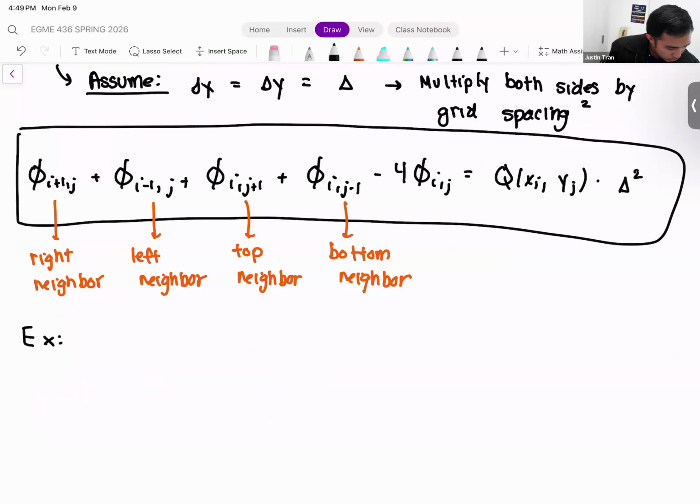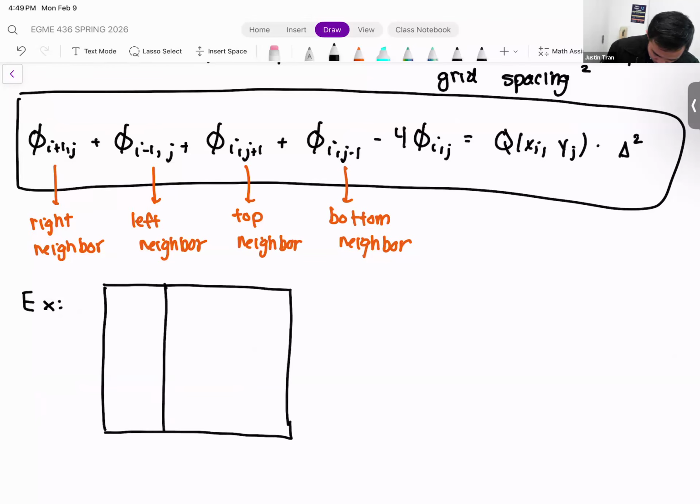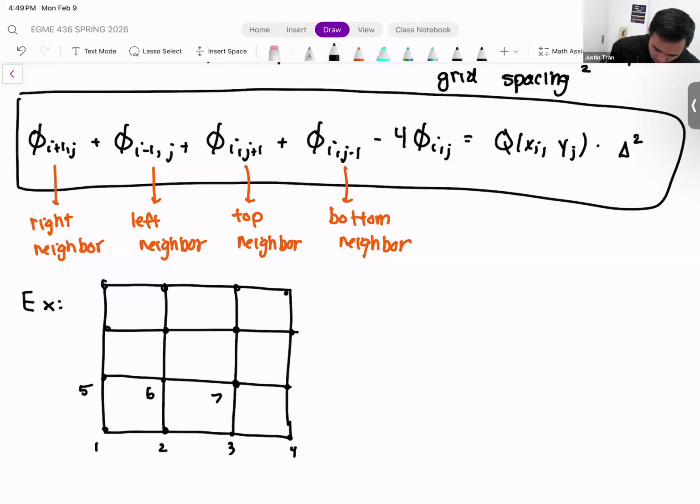Okay. So let's do this grid here. I'm going to label all of the nodes: 1, 2, 3, 4, 5, 6, 7, 8, 9, 10, 11, 12, 13, 14, 15, 16.